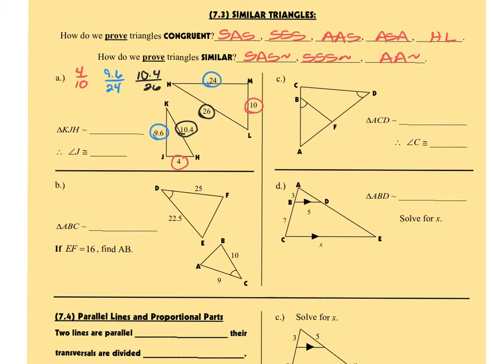Now, I need to know if all these ratios, all these fractions are the same. So the easiest way, if you have a calculator handy, is to type them each into your calculator, and what you'll find is that each of them will give you a 0.4, which means all the corresponding sides are proportional, so my triangles are similar. Remember, our little tilde means similar. So triangle KJH is going to start at K. That's going to be between my blue and my black ones, my small and my medium.